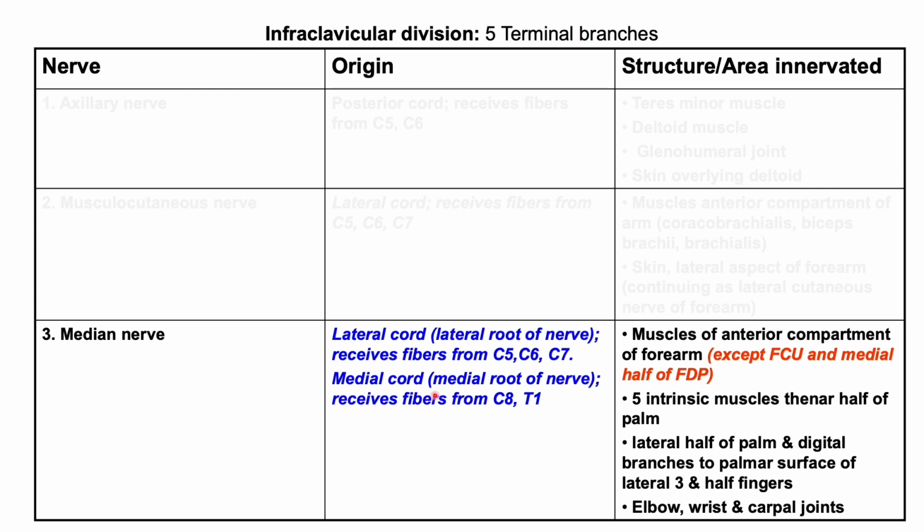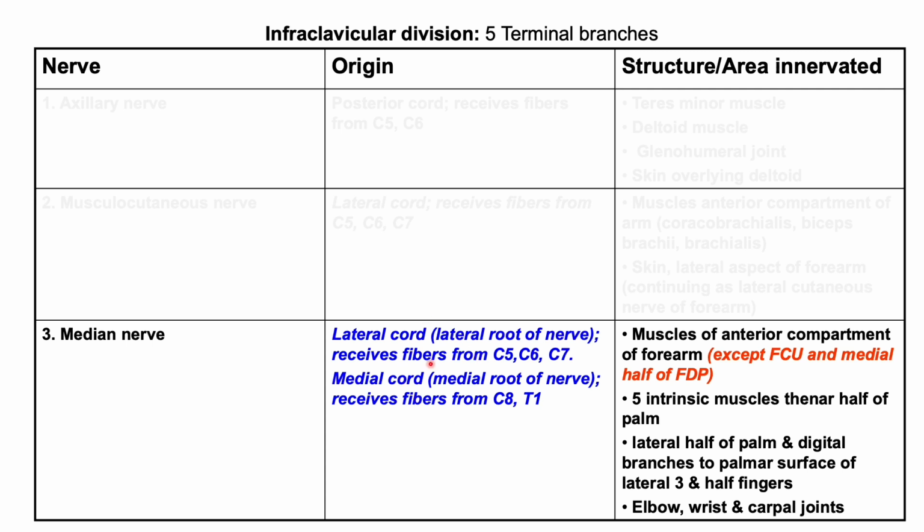So as you all know, the median nerve is one of the terminal branches of the brachial plexus. If you are talking about the origin of the median nerve, it gets contributions from both the lateral and the medial cord. The lateral cord gives a branch called the lateral root of the median nerve, and the medial cord gives the medial root of the median nerve.